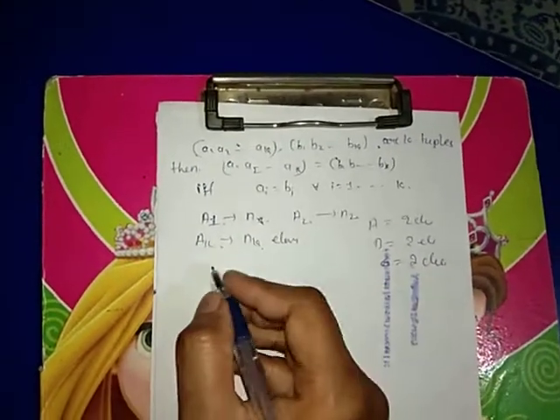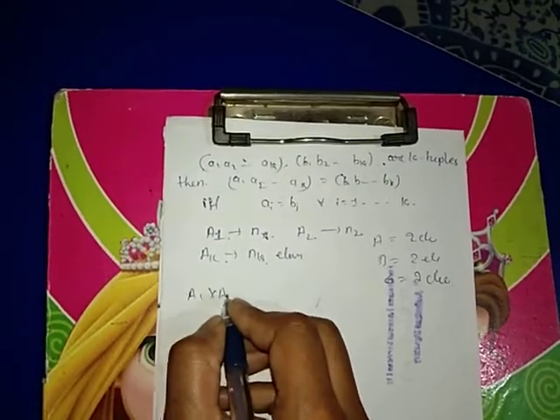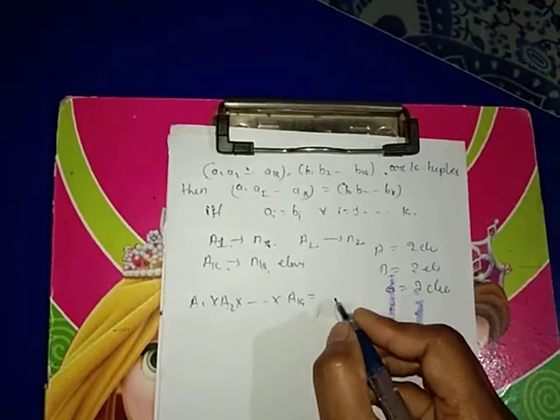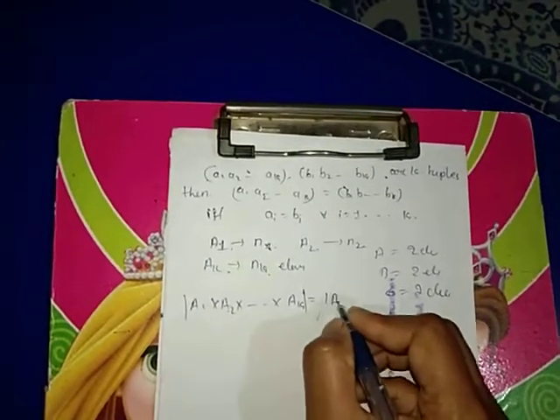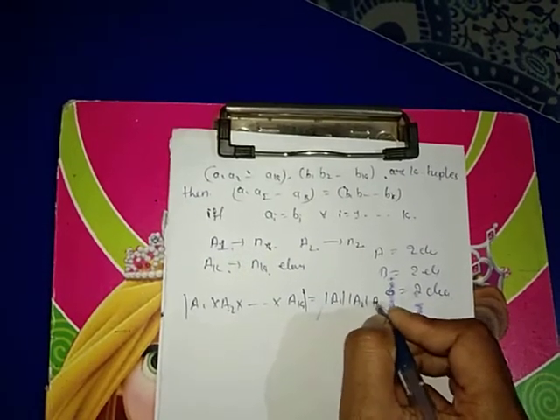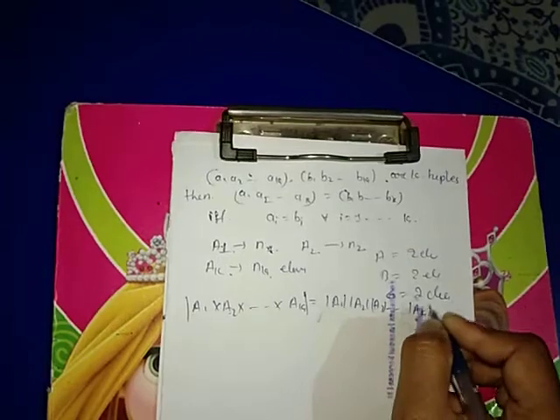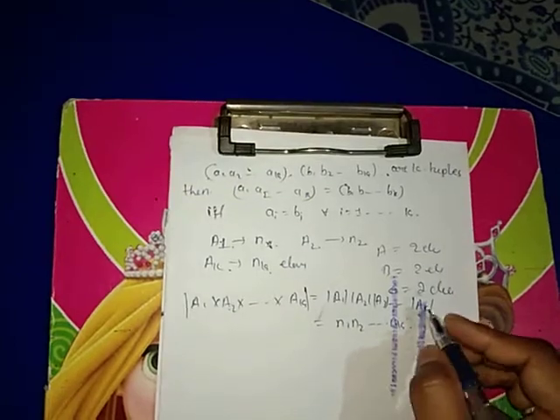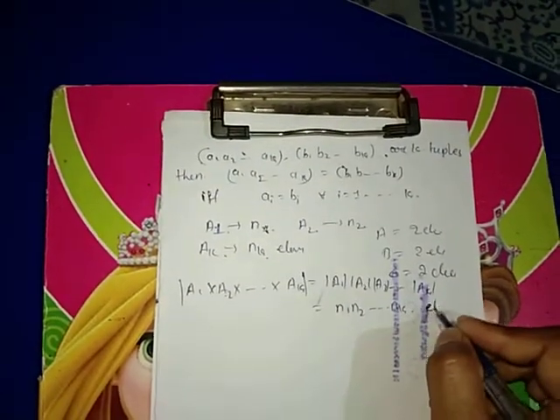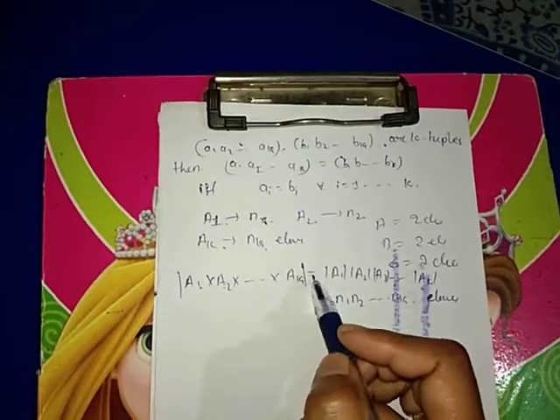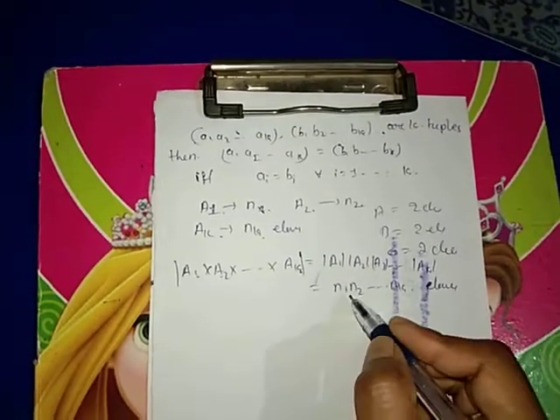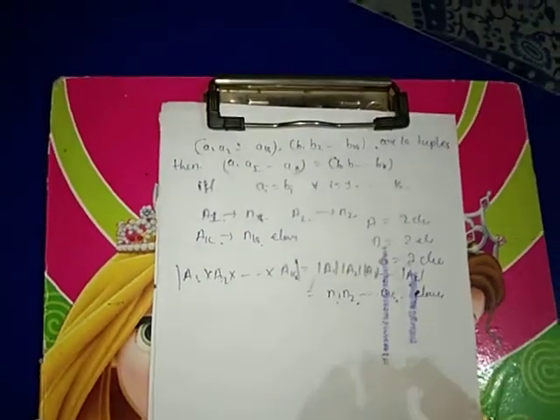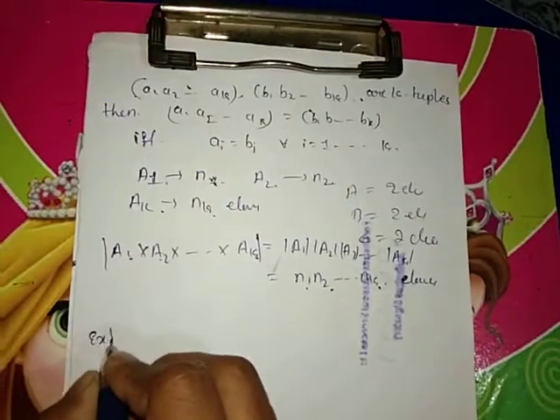Then A1 cross A2 cross so on cross AK has n1 into n2 into so on into nk elements in the set. Now I am moving to the example.